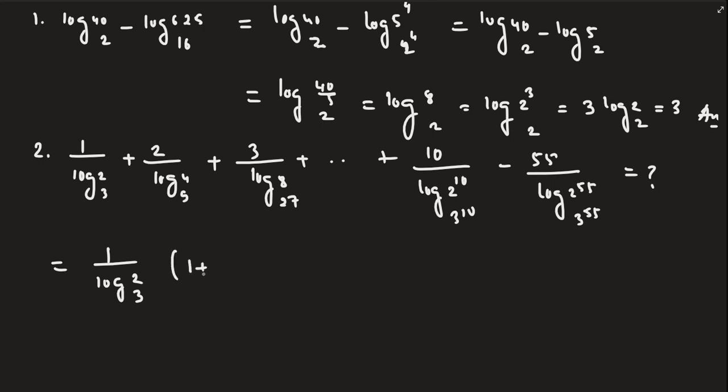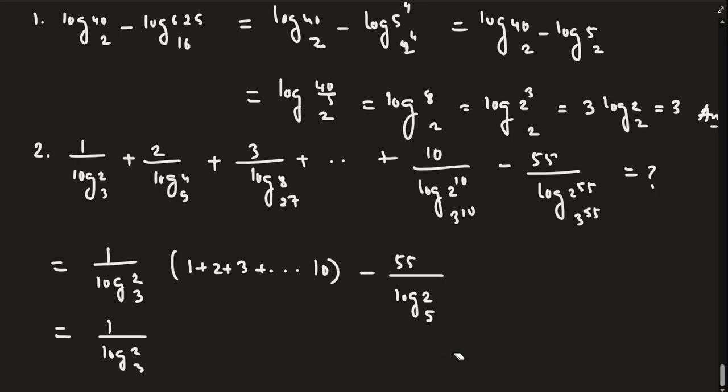In the numerator we have 1 plus 2 plus 3 and so on, up to 10, minus 55 by log 2 to the power 55 by 3 to the power 55, which is the same as log 2 base 3.